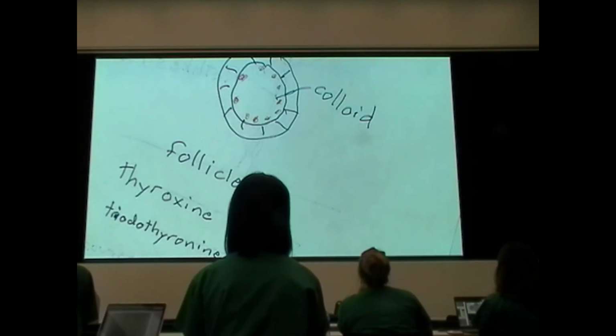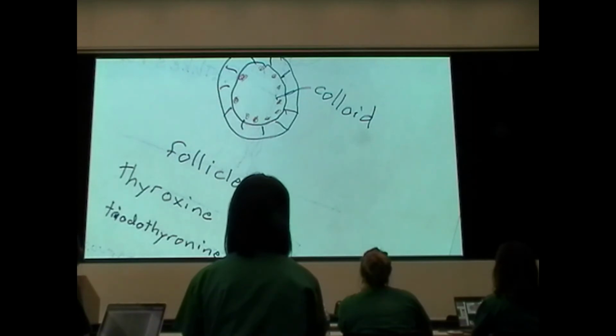Let me repeat what happens again. When the follicular cells are stimulated, they make a protein, thyroglobulin, in their endoplasmic reticulum. The thyroglobulin enters the Golgi apparatus where it gets packaged into granules.